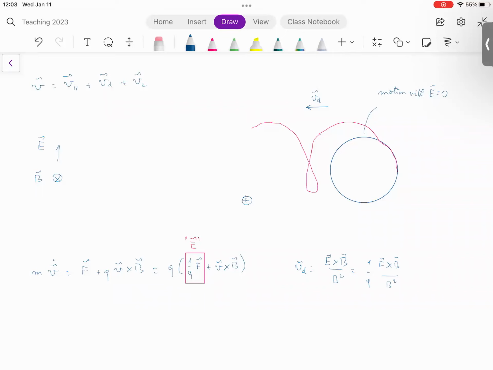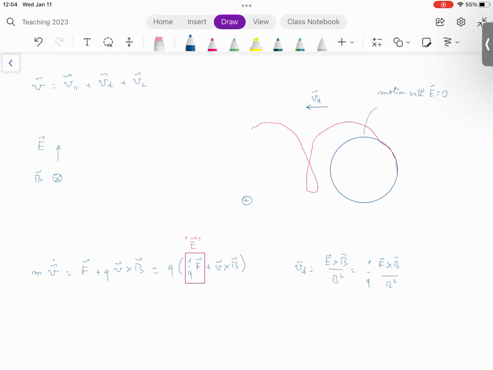That is, if there is some other force that is not due to the presence of an electric field, but to something else, I am still going to get a drift that is perpendicular, again, to both the force and the magnetic field.